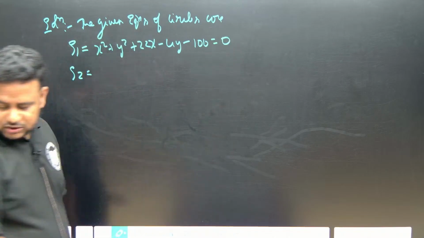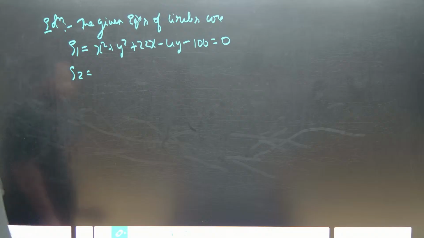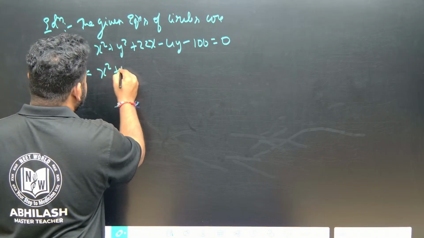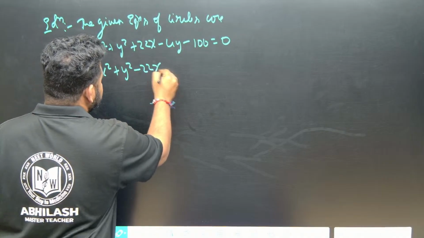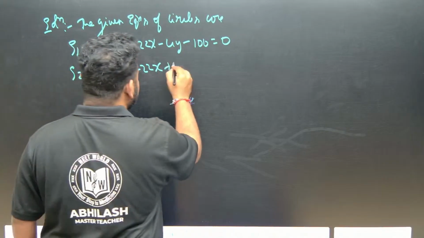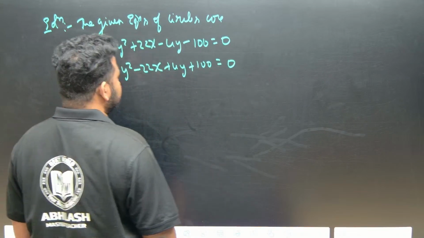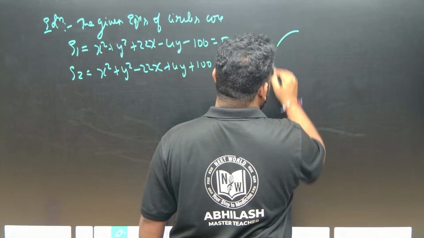What about S2? S2 is given as x square plus y square minus 22x plus 4y plus 100 is equal to 0. These are the two equations of the circles they have given. Let these two be the circles.